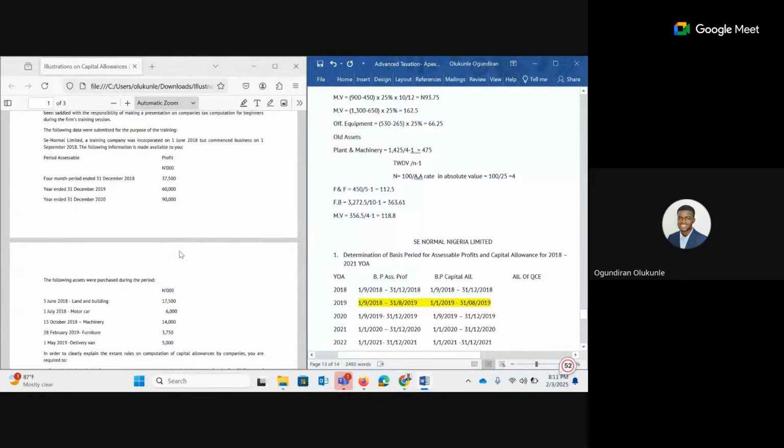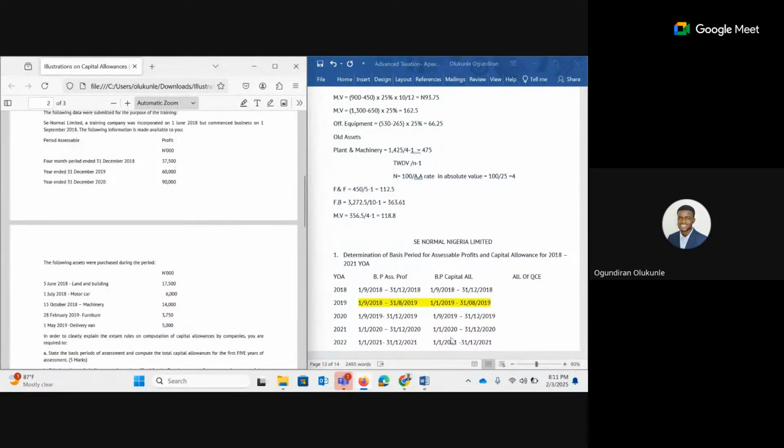All right. So the next thing you want to do now is to do your allocation of QC. To allocate your QC, what you would do is to use the basis period for capital allowance.